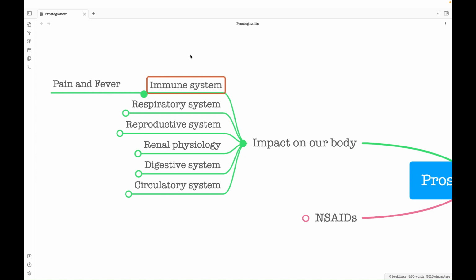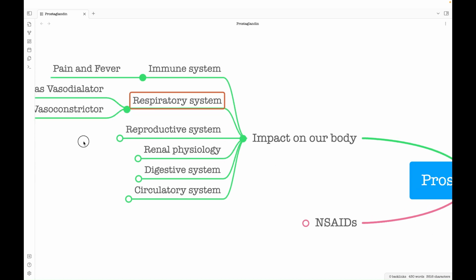If there is pain, there will be inflammation, as I have already mentioned in the previous part on different types of prostaglandin. The level of prostaglandin rises whenever there is pain, and fever is generally caused by the increased level of prostaglandin. As we all know, fever is not a disease, it's just a symptom of disease. So the main cause is a high level of prostaglandin.